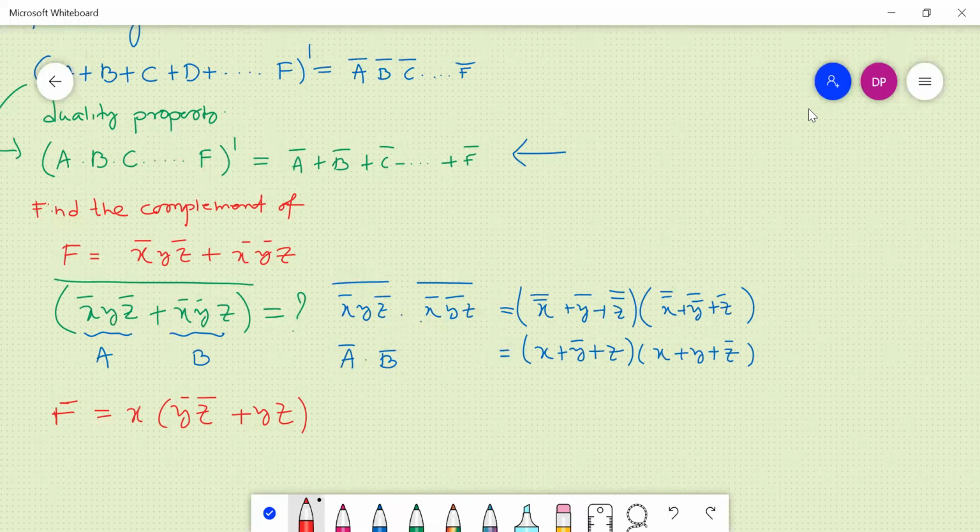What we can do? We would like to find out the complement of this. So what we will do?